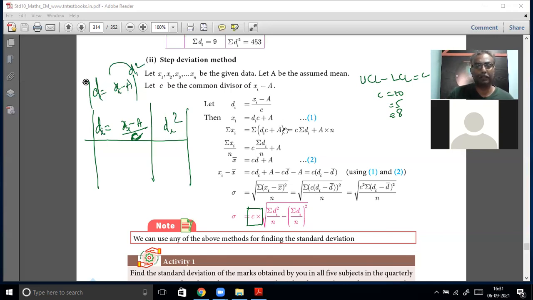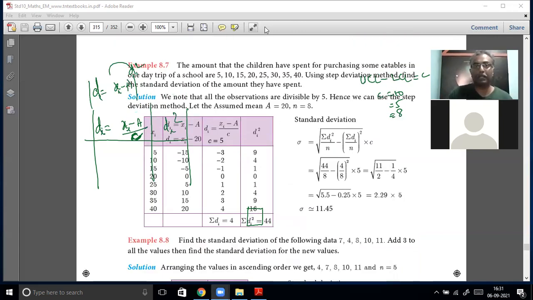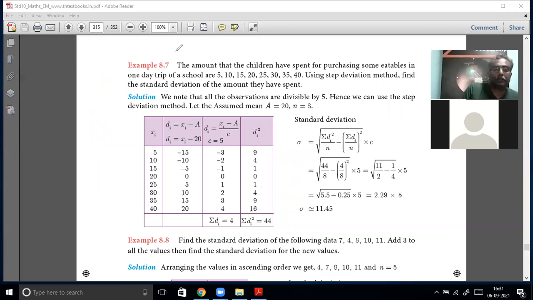Let us do an example. See, this fellow has not actually given a correct example for step deviation method. In step deviation method, usually you'll have a class. Now assume the class is 0 to 10, then 5; usually it will then be 10 to 20, and 25 means 20 to 30, 35 means 30 to 40.